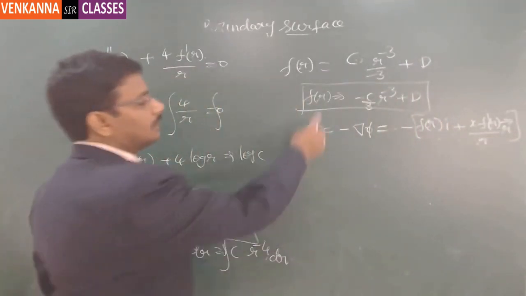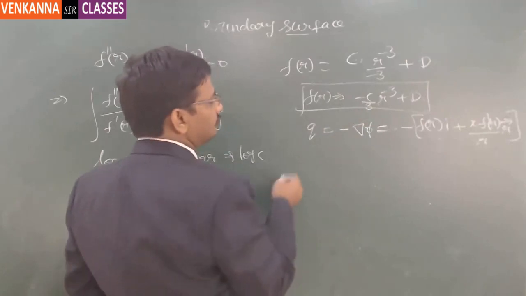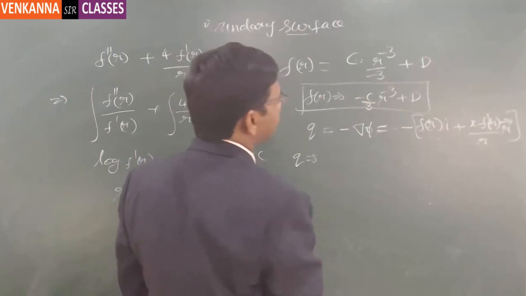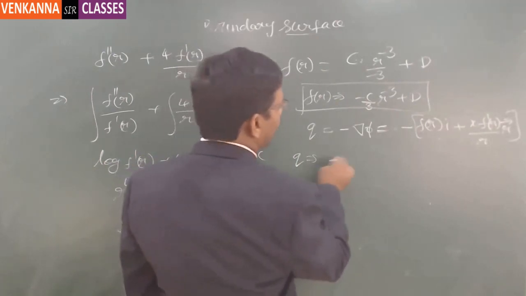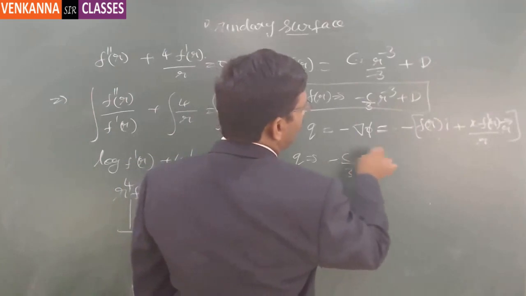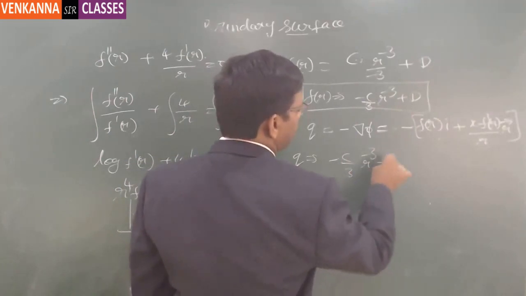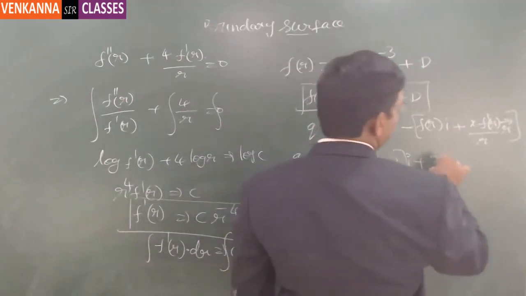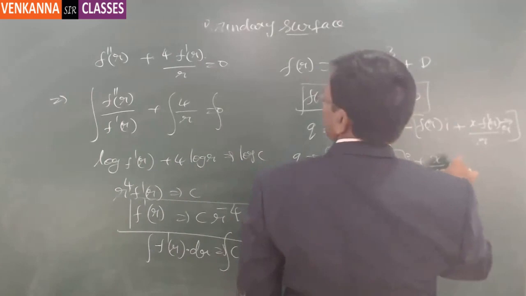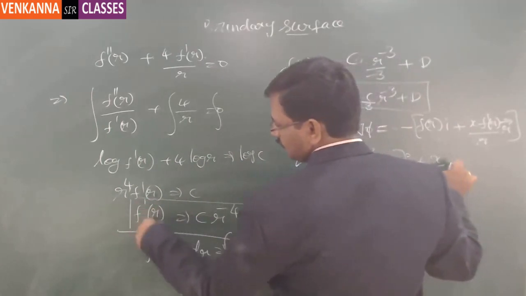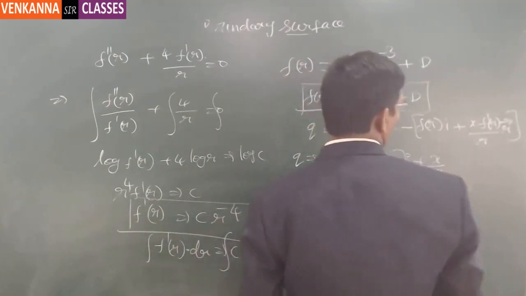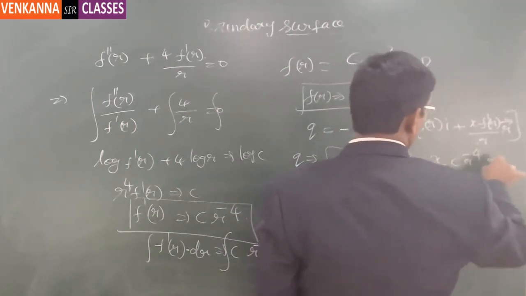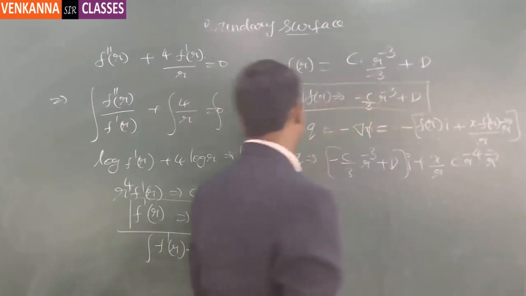Now in that, you can substitute f of r. So q is equal to minus c by 3 into r power minus 3 plus d into i plus x by r into f dash of r. The f dash of r value we found is c into r power minus 4. So this value is nothing but the velocity.